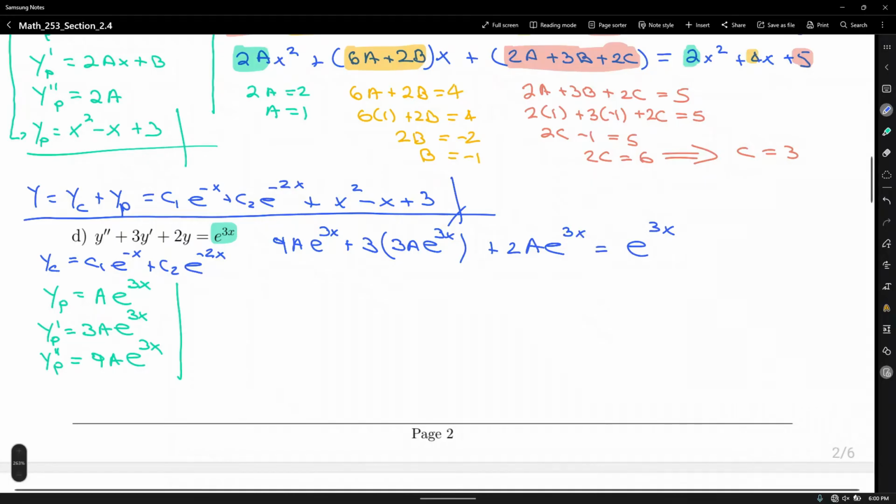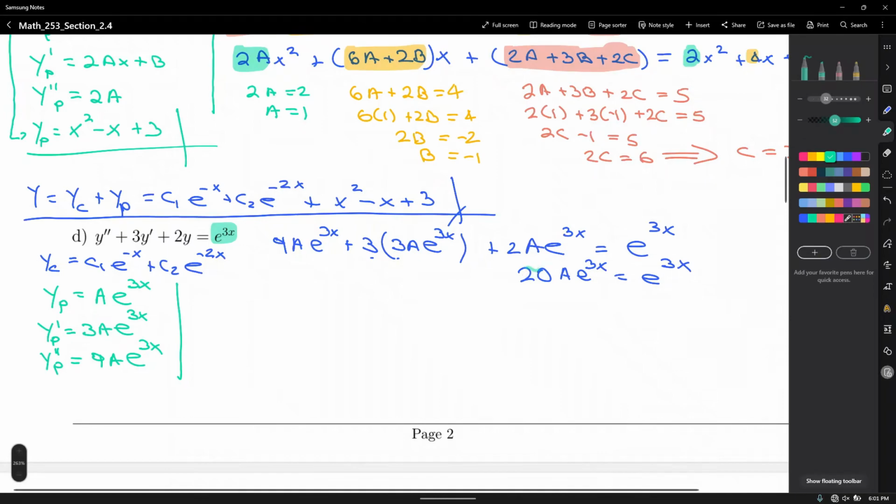Well, guys, in this case, it seems like all of these are going to be like terms, right? So 3 times 3, is that equal to 9 plus 9? Is that 18? 18 plus 2, is that equal to 20? 20a e to the 3x equals e to the 3x. And from here, equating the coefficients, I'm highlighting the invisible one.